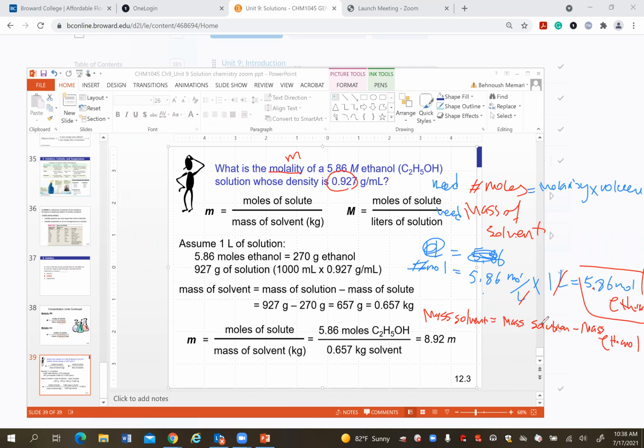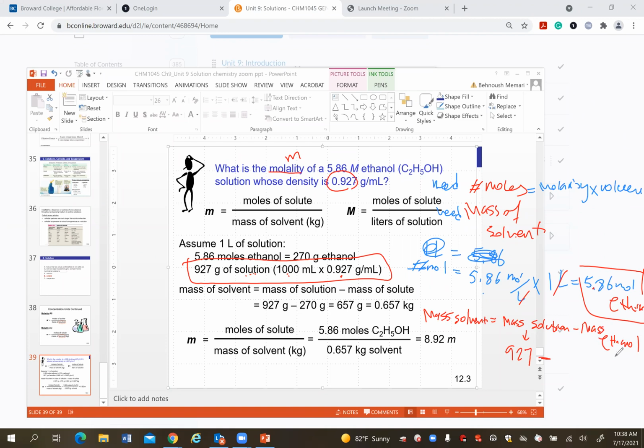So 1,000 milliliters times this density gives the mass of solution, because we assume 1 liter and 1 liter is 1,000 milliliters. Volume times density gives the mass of solution. So we have the mass of solution as 927 minus the mass of ethanol.